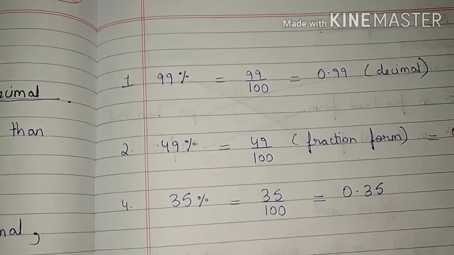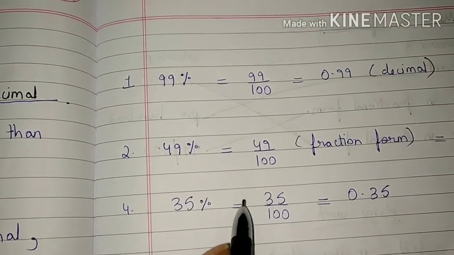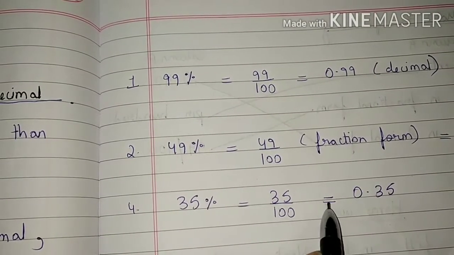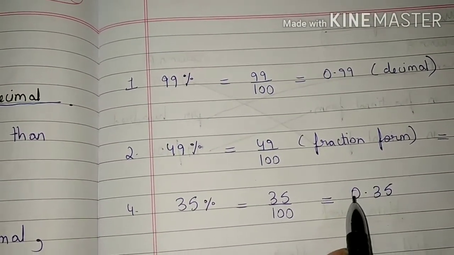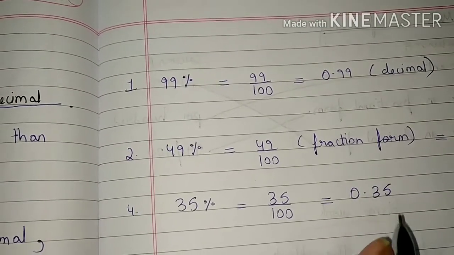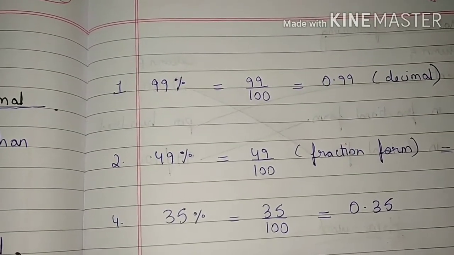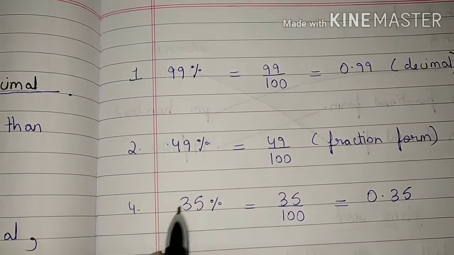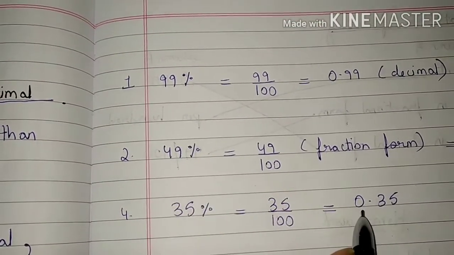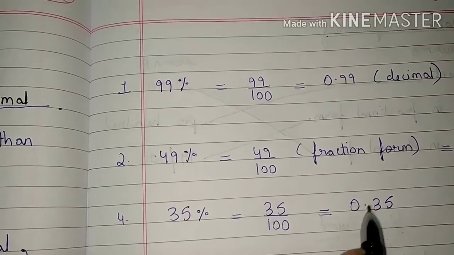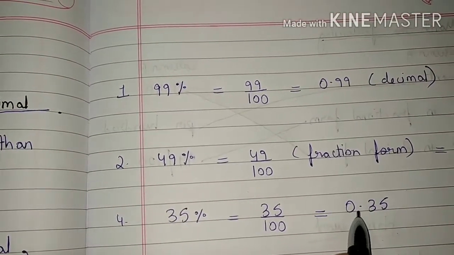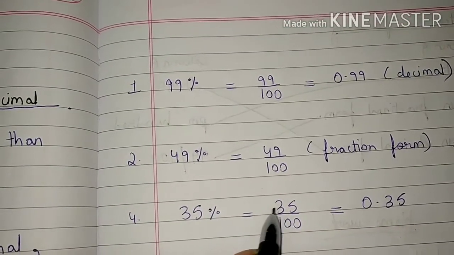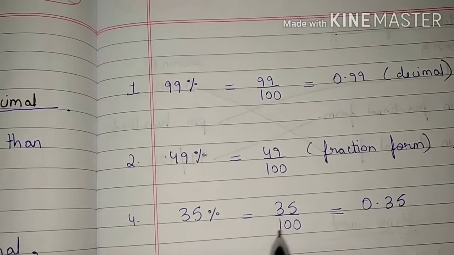Students, after dividing 35 by 100, we will write them in decimal, that is 0.35. So students, you can see that here we have converted 35% into a decimal, that is 0.35, and for this we need to divide the given number, that is 35 by 100.